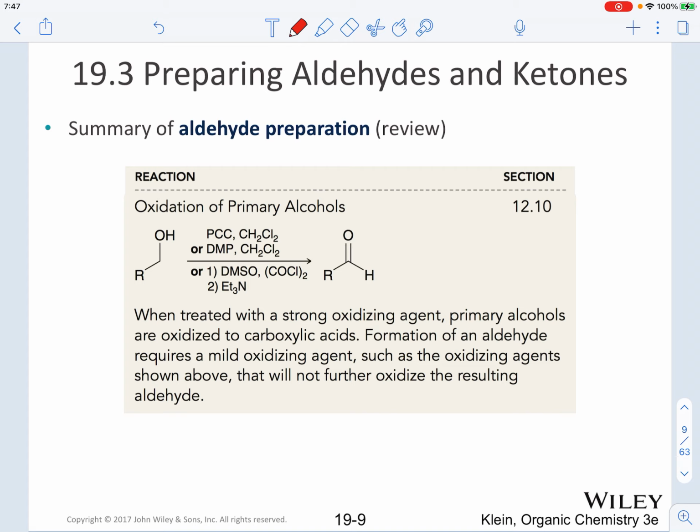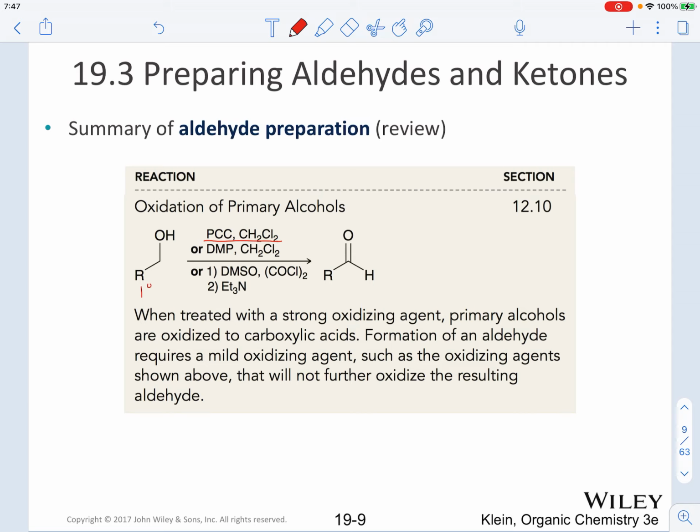Remember that one of the main ways that we know how to do this is by taking a primary alcohol and reacting it with PCC, okay? The CH2Cl2 is just going to be the solvent.